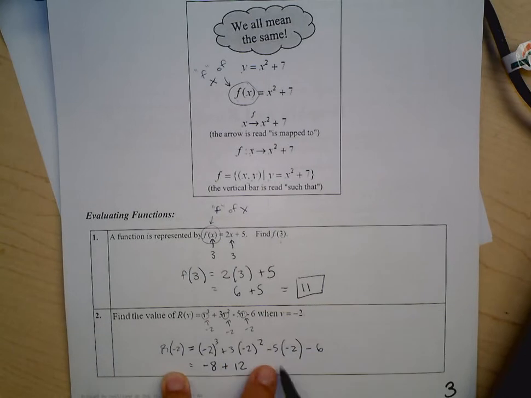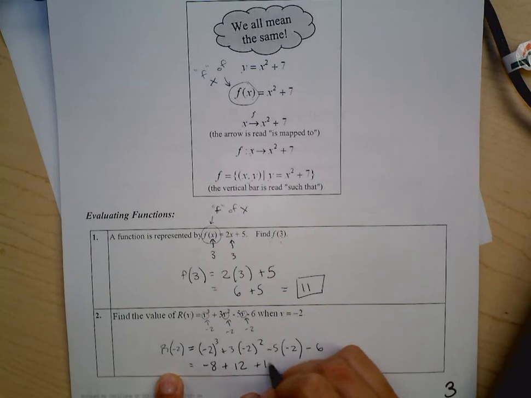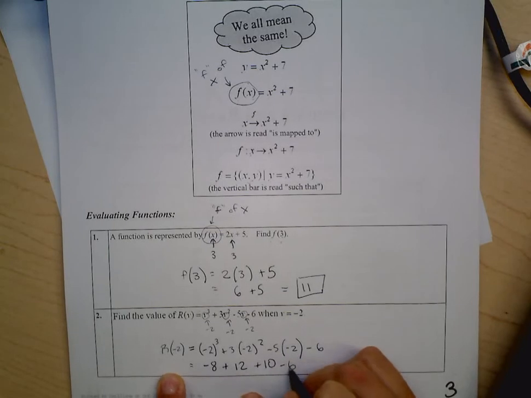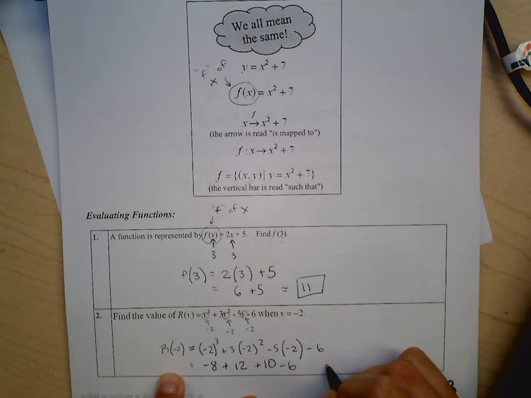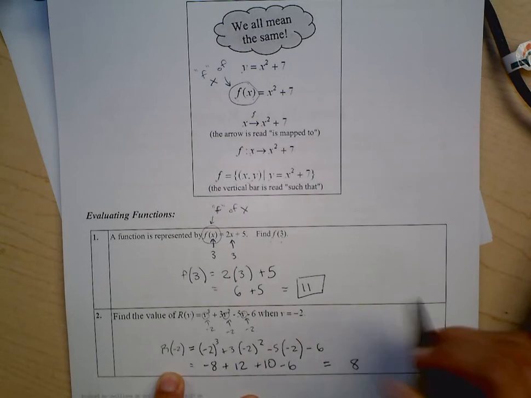Here I have a negative 5 times a negative 2, which is going to give me a positive 10, minus 6. From here I can just combine like terms. Negative 8 plus 12 gives me a positive 4. Positive 4 plus 10 gives me 14. And 14 minus 6 will give me 8. So my answer here is equal to 8.